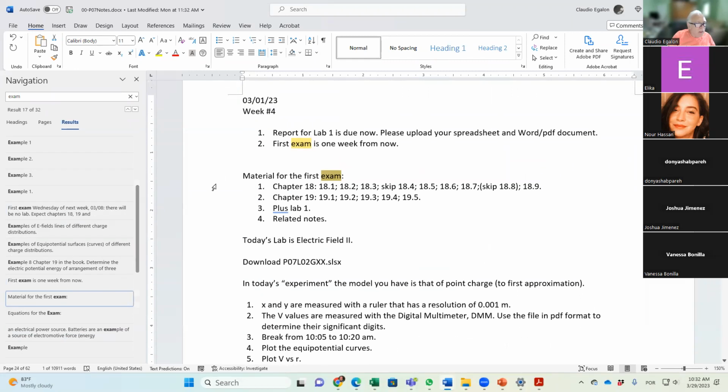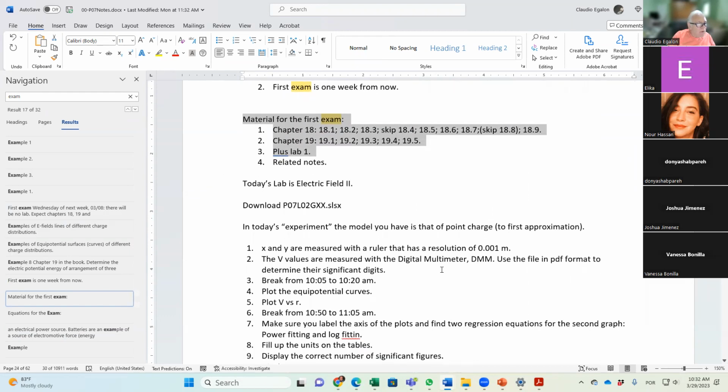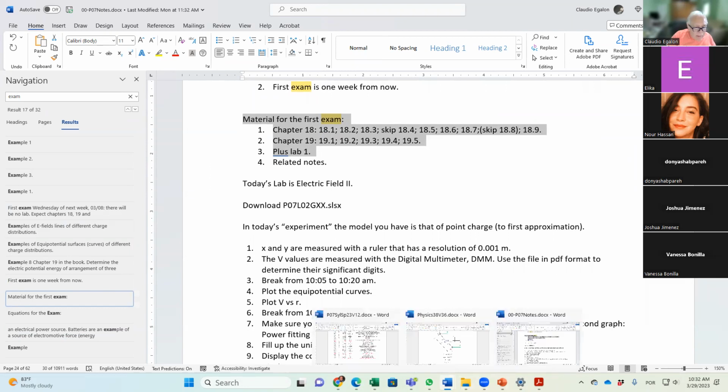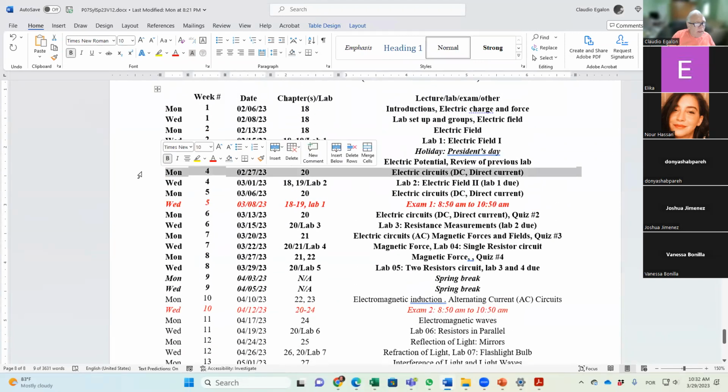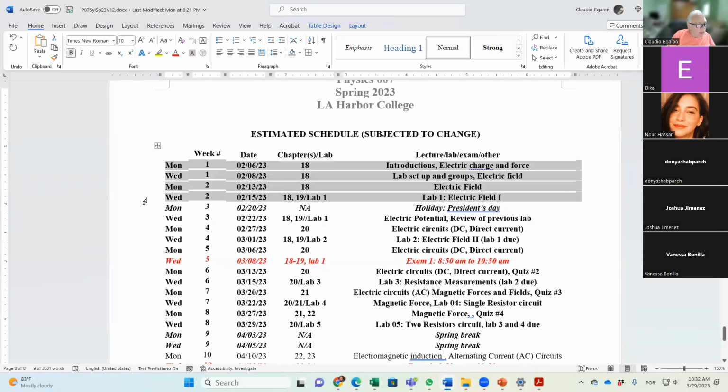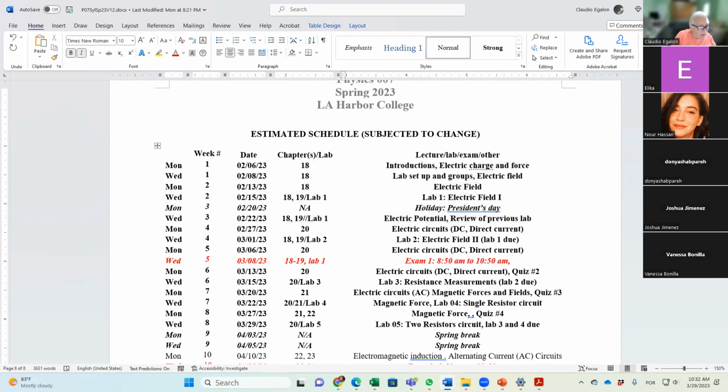Okay, 18 and 19 plus lab 1, related notes. Okay, so exam 1 was chapter 18 and 19, right? Plus lab 1 and other stuff. Oh, here you go. It's written here. Okay, don't need that.